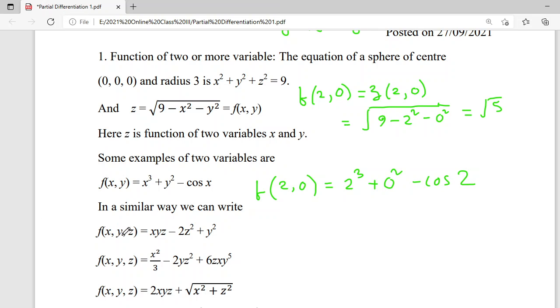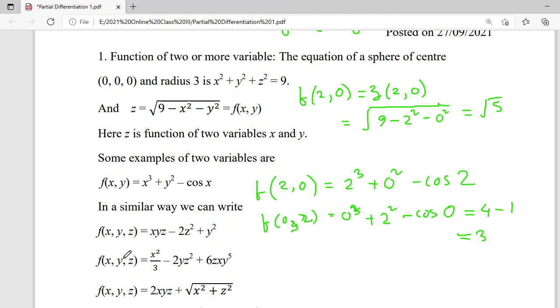Or if we write f of 0, 2, the first coordinate is 0, so 0 cube plus 2 square minus cos 0. Cos 0 is 1, so we get this value. This we have to see from the table, and this value is 4 minus cos 0, which is 1, so this is equal to 3. So this is a function of more than one variable.